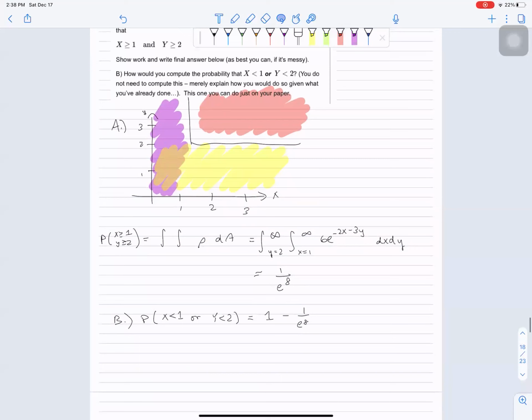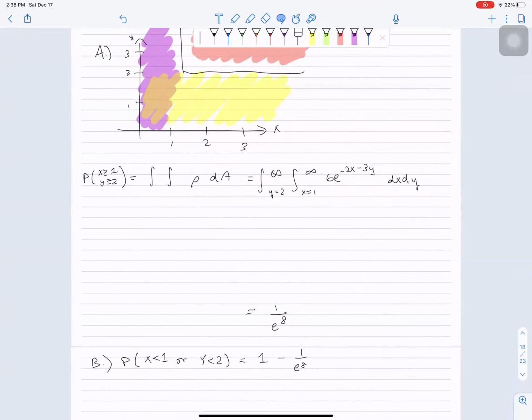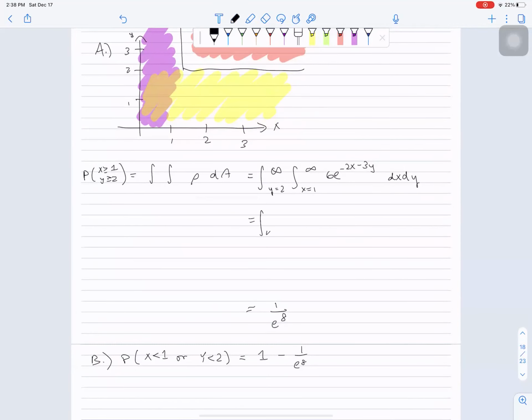And so let's see. Some people want to see how we integrate a bound to infinity. That's like from single-variable calculus where you do the limit, depending on how you learned it. You can do the limit as b approaches infinity of the integral from x equals 1 to b of 6e^(-2x-3y) dx dy.